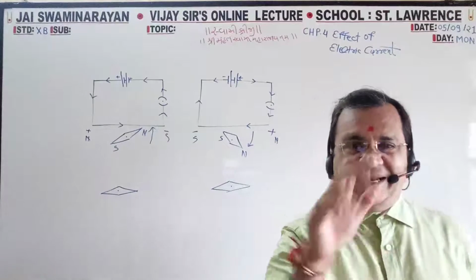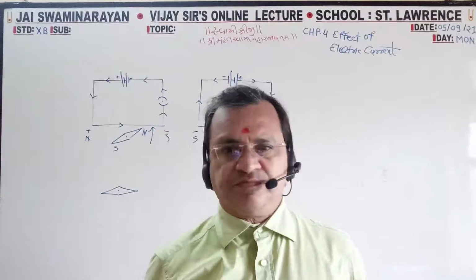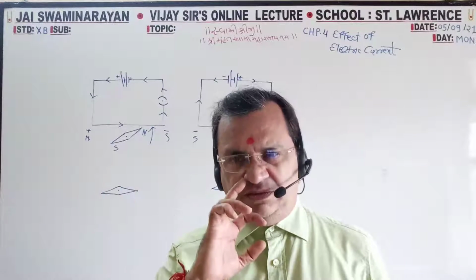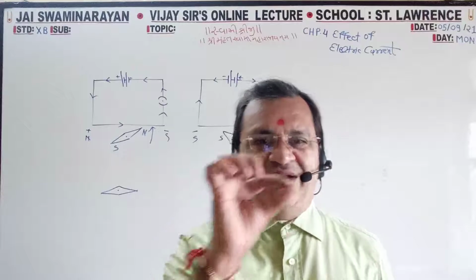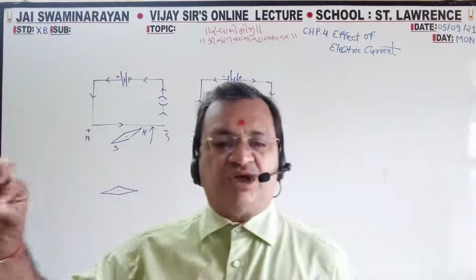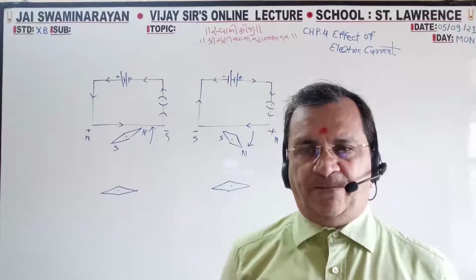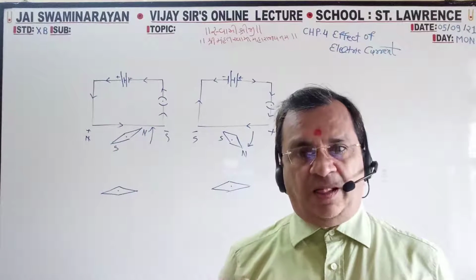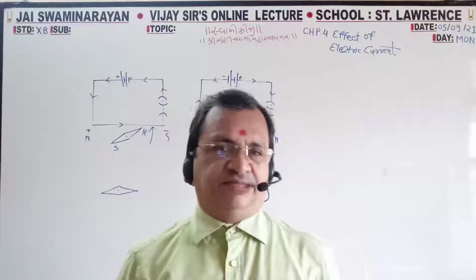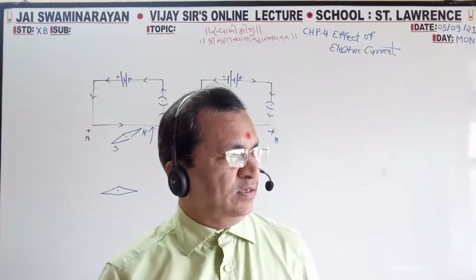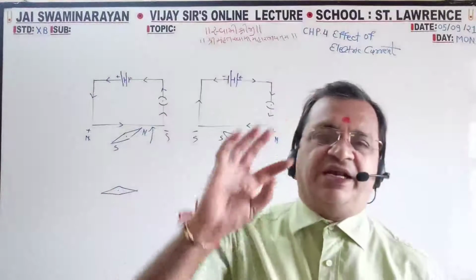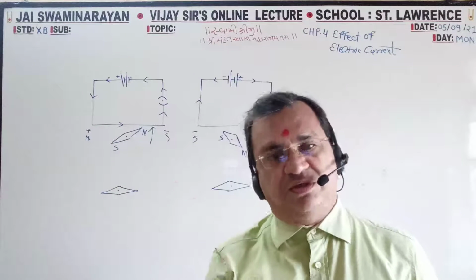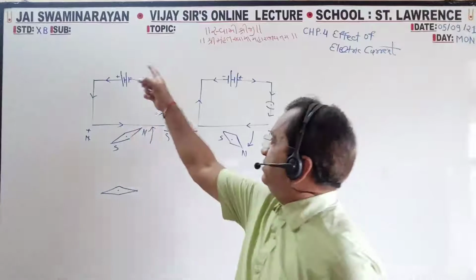So like that, from this experiment we have learned that when electric current passes through the conducting wire, it produces a magnetic field. And when you reverse the electric current, the magnetic field also reverses.